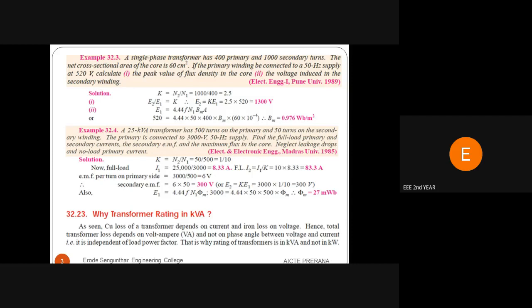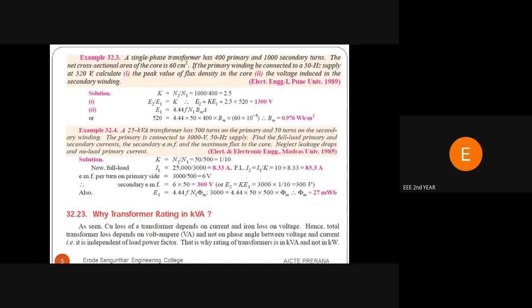These data are already available: E1 is given as 520, 4.44, frequency of the supply equal to 50 hertz, N1 equal to 400 turns. Bm is the unknown, so we have to determine the maximum flux density value. The cross-sectional area A equal to 60 into 10 to the power minus 4. So we can calculate this data and get the maximum flux density Bm equal to 0.976 Weber per meter square.